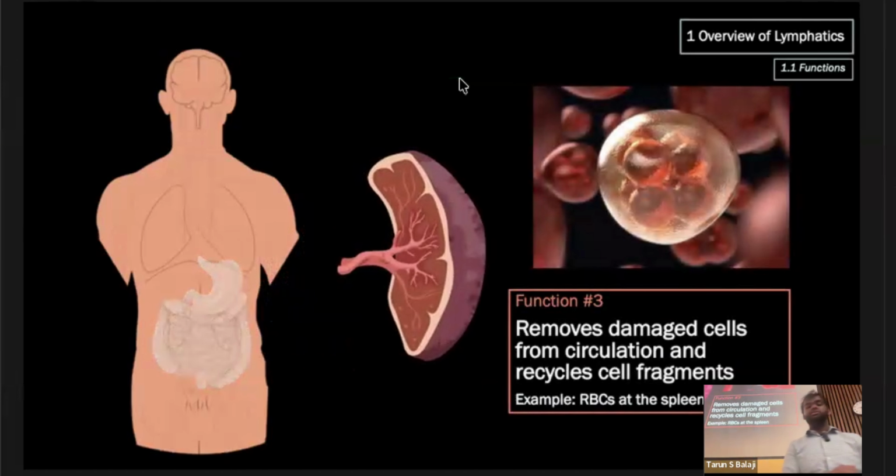It removes damaged RBCs and recycles them. We take the heme and the globin and recycle them to make newer RBCs. The lymphatic system in general is, in some way, responsible for removing damaged cells from circulation and reusing them, recycling them.